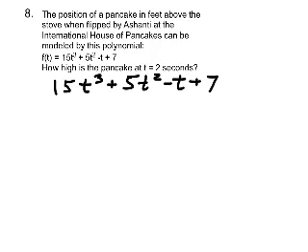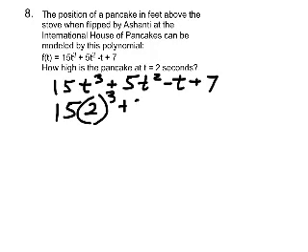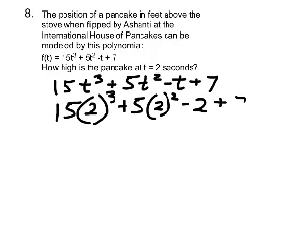Okay, so we've got 15. We plug in the 2 for where the t is everywhere. So here this 2 is to the 3rd power, plus 5 times 2 squared minus 2 plus 7. Okay, so now we just figure it out. 2 to the 3rd, we just use your PEMDAS, do the exponents first. There's no other parentheses.